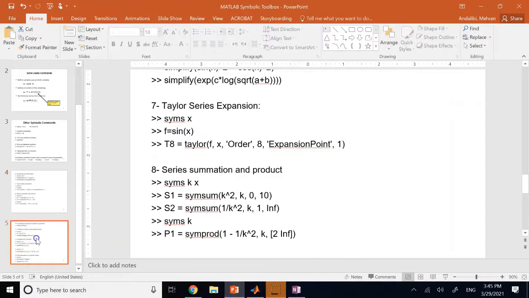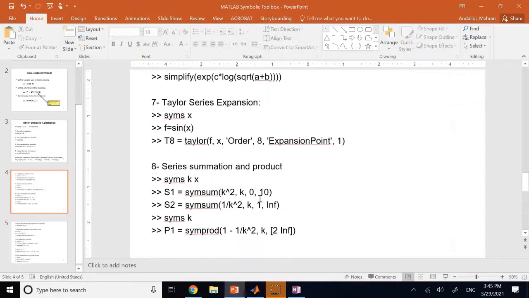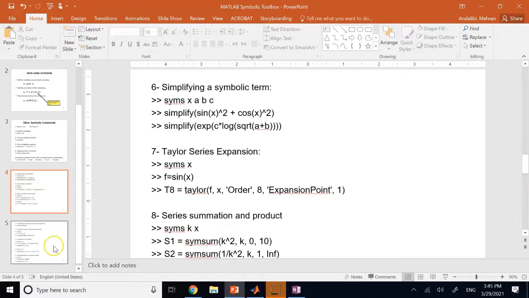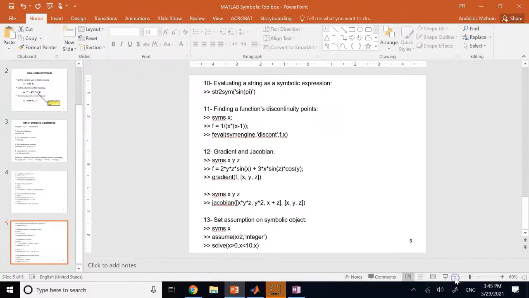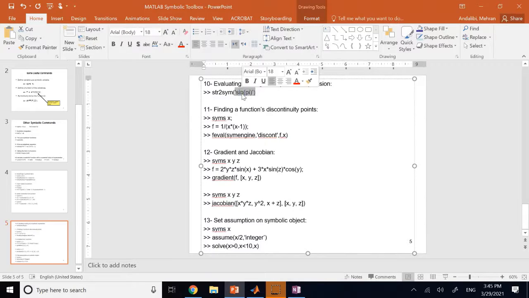Oh, okay. Now some other good commands that I like. What are they? The str2sym. That's one of the nice ones. It converts a string variable for you into a symbolic.